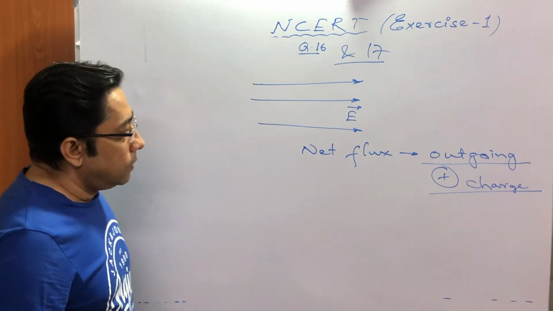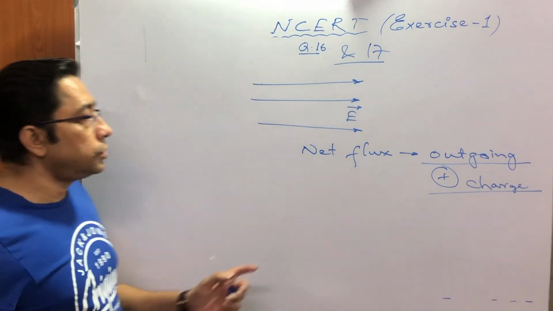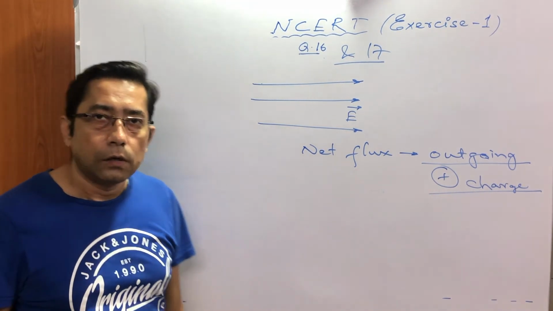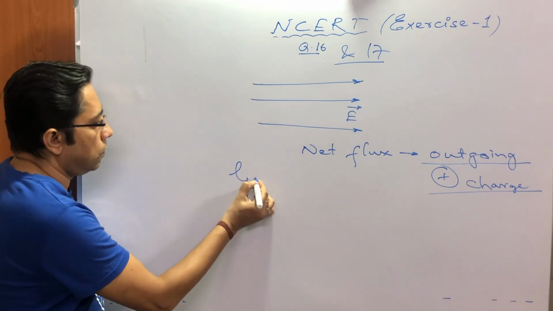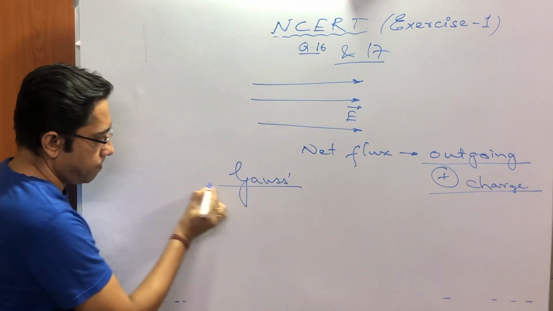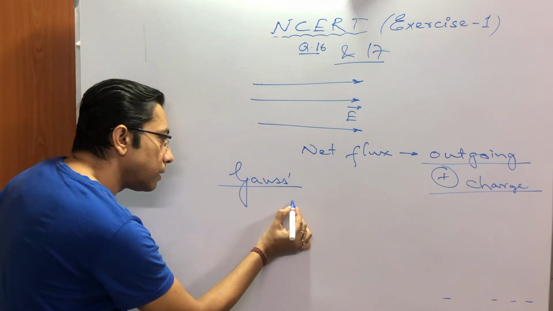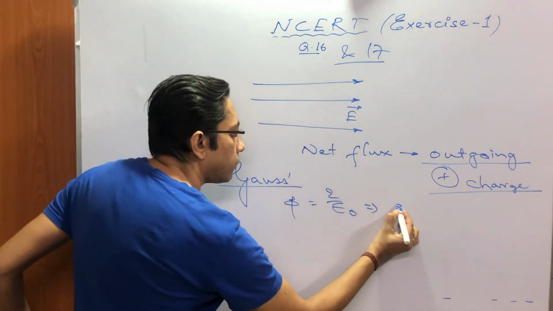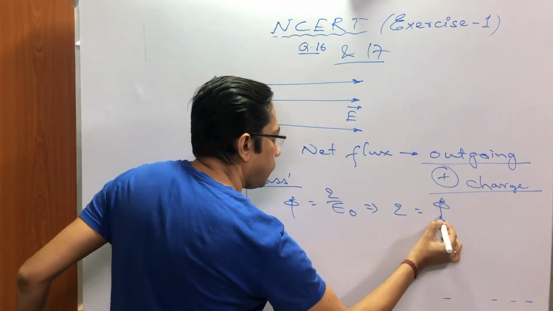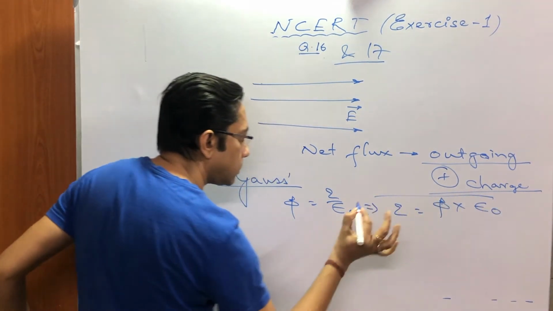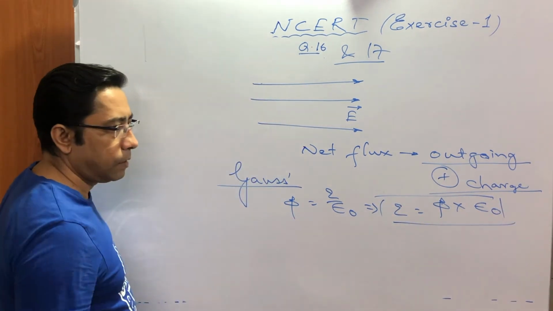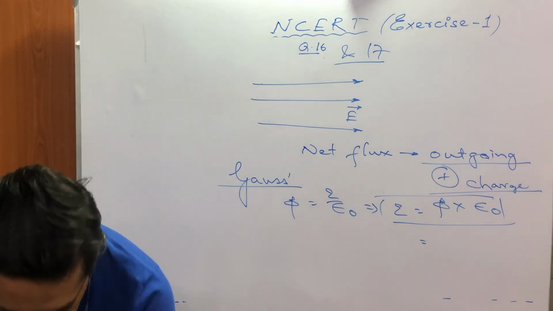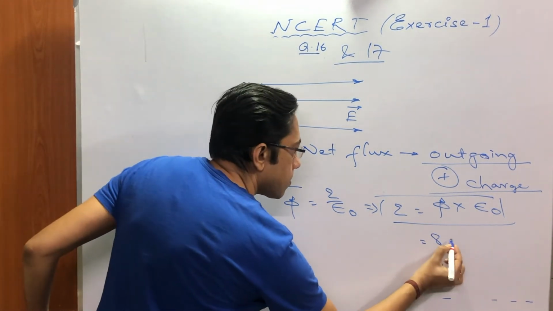And the next part is how much positive charge resides inside that box. For that, let us apply Gauss's theorem. According to Gauss's theorem, flux should equal Q by epsilon naught. So from this we can find Q as phi into epsilon naught. Phi is given as 8 into 10 to the power 3.